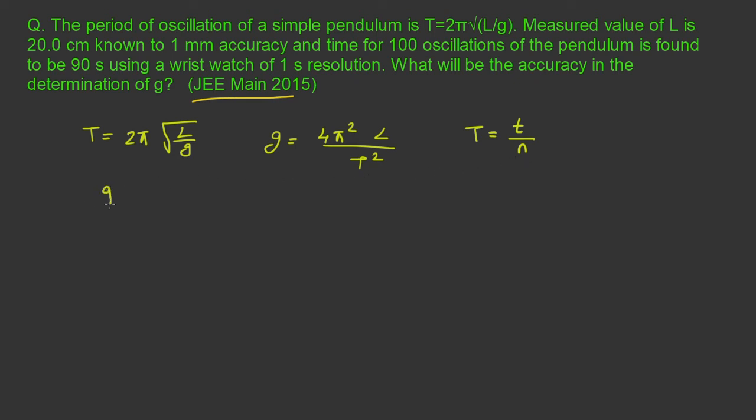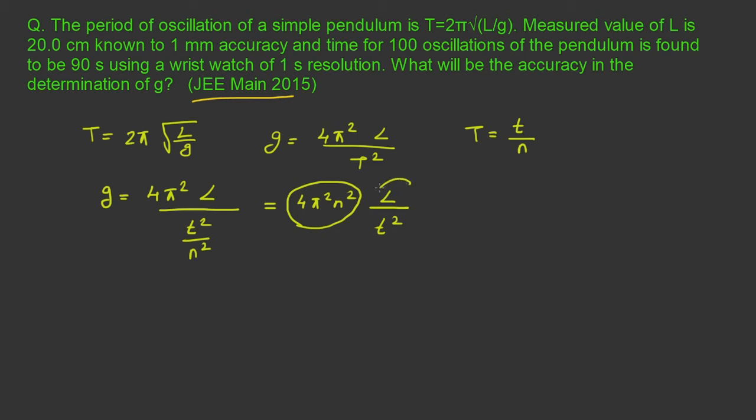Substituting here, I can write g is equal to 4 pi square L divided by t square by N square. Rewriting this, 4 pi square N square L by t square. 4 pi square N square is constant, so it is not changing with the measurement. The value that changes with the measurement is L by t square.